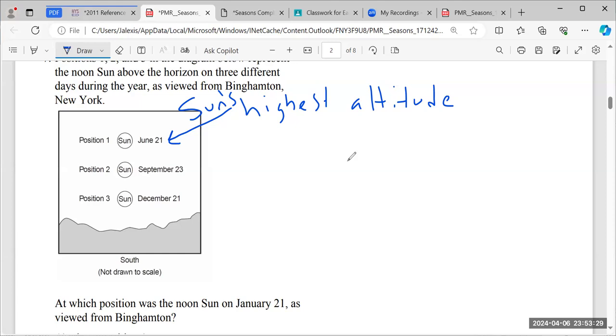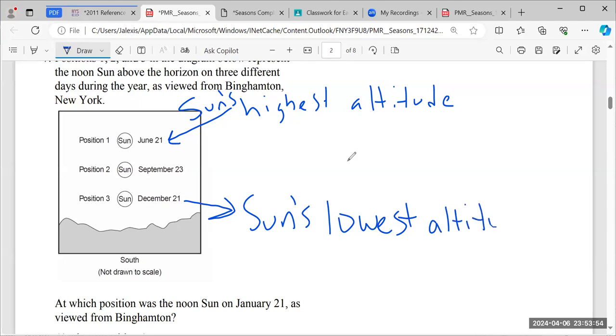That's what makes the summer solstice so special: you get the most daylight hours and the most intensity from the sun. And position 3 will be the sun's lowest altitude throughout the entire year, so the sun will never get any lower.